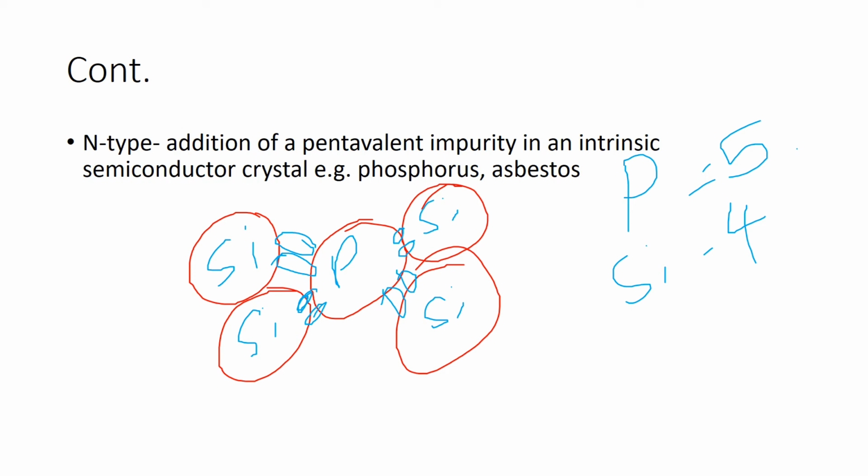But then remember that phosphorus had 5, so already we have 1, 2, 3, 4. Now there is 1 which remains, so we'll have an electron which will be free. It will not have formed a bond, this electron, so we'll have an electron here. This is an electron.